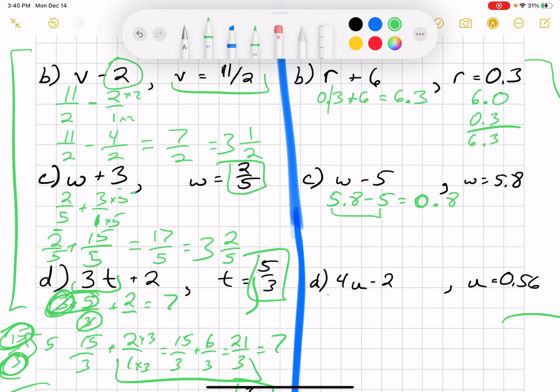And this last one here, I have 4, and this is going to be multiplied by 5.06, minus 2. Okay, I can go 4 times 0.5 plus 4 times 0 decimal 06. Okay, and then I'm going to subtract the 2. So this is going to be 2 decimal 0, and that's going to be 24, so that's going to be 0 decimal 24, because it has the 2 decimal places, minus 2.